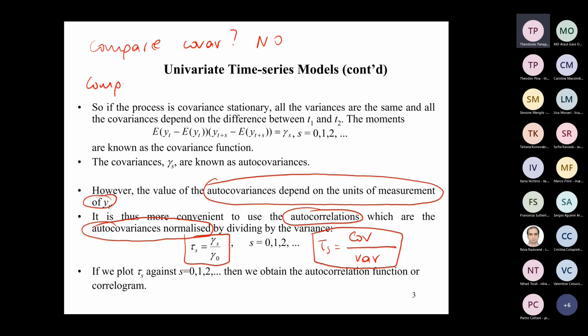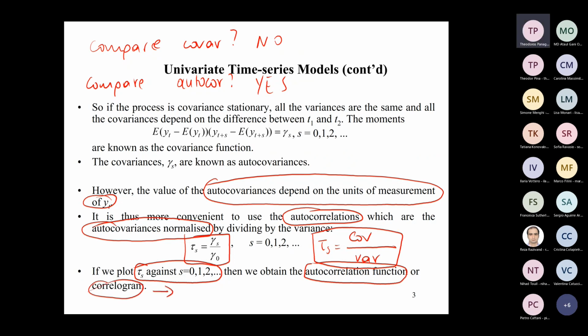Can I compare autocorrelations? Yes, autocorrelations are comparable. Autocovariances are not comparable. If we take the autocorrelations and plot them, this is called the autocorrelation function or the correlogram.